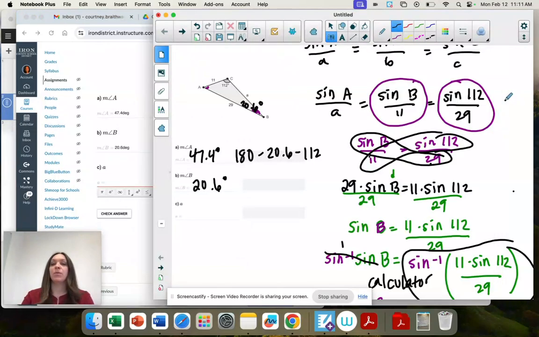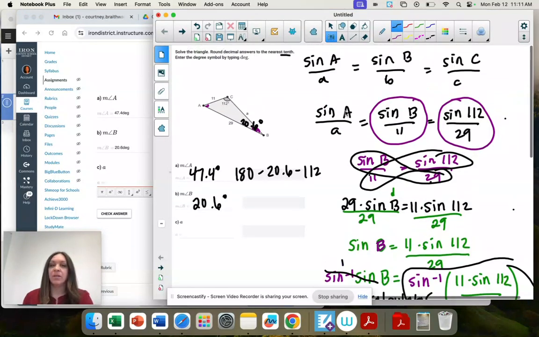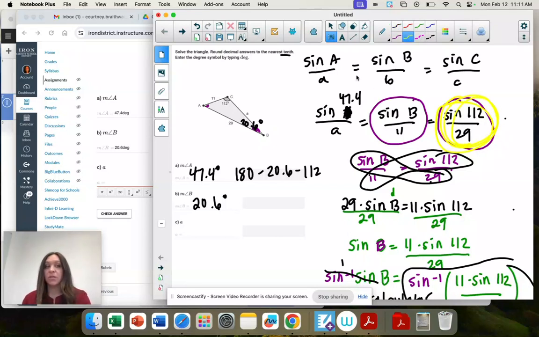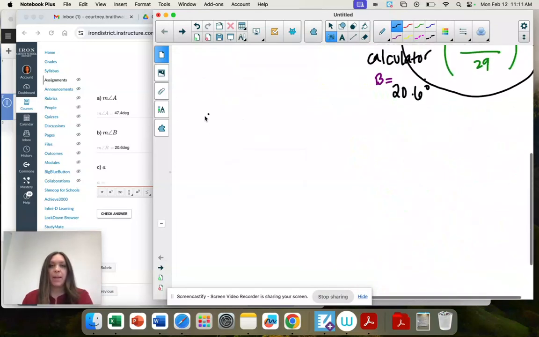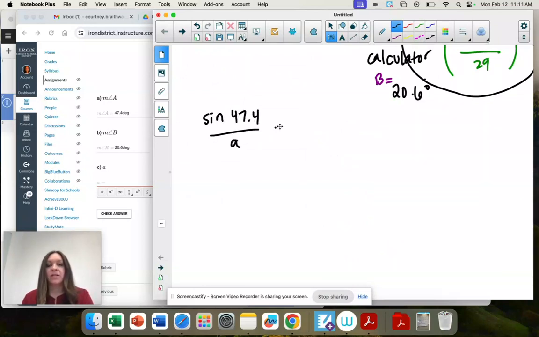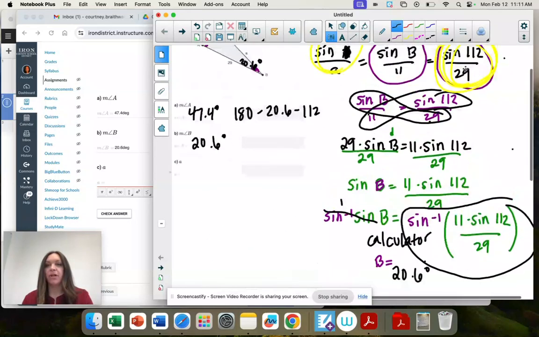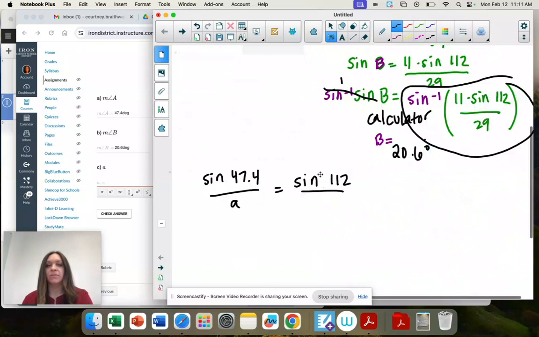And then last thing, we want to solve for side A. So now we know this is 47.4. I'm still going to use the one we were given. I like the ones without decimals. So I have sine of 47.4 over A equals sine of 112 over 29.